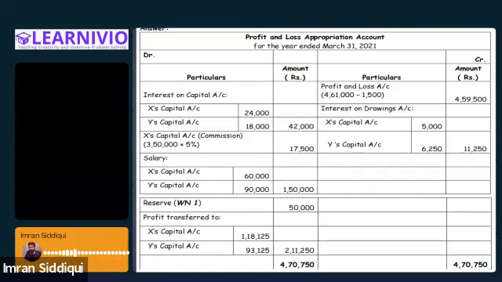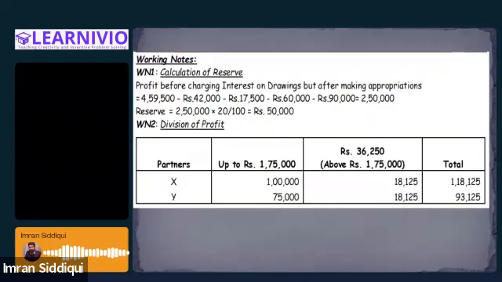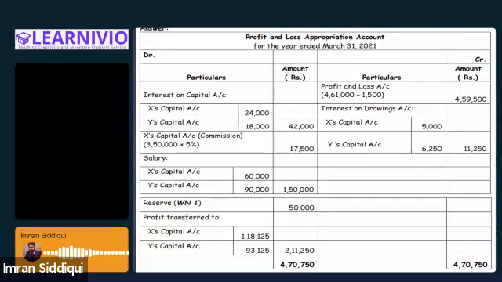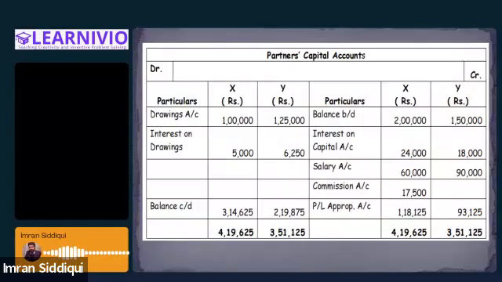Could you explain the reserve part? Okay, you are not getting the right value for the reserve, right? See, this is how we will calculate the reserve. I think I should have a working note for it. Just a moment.